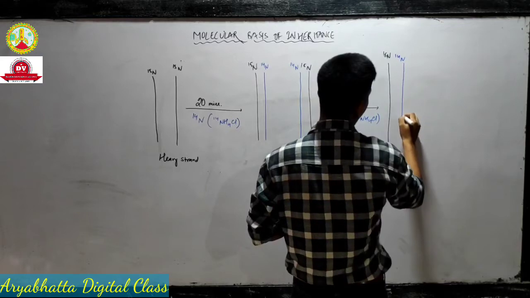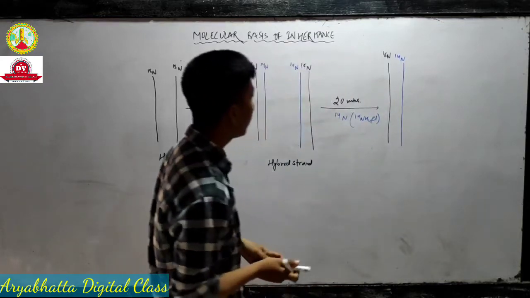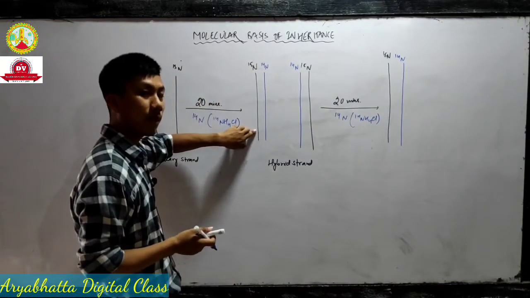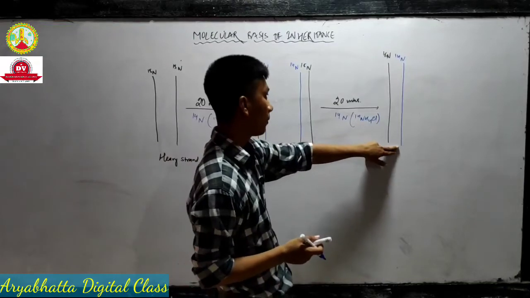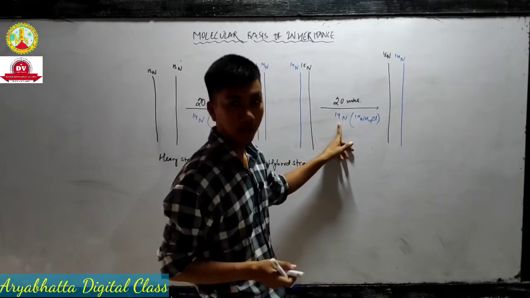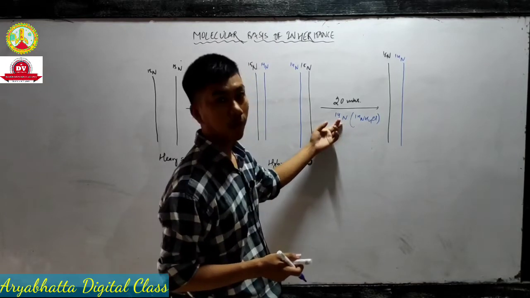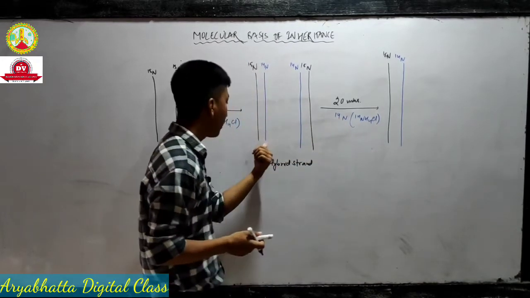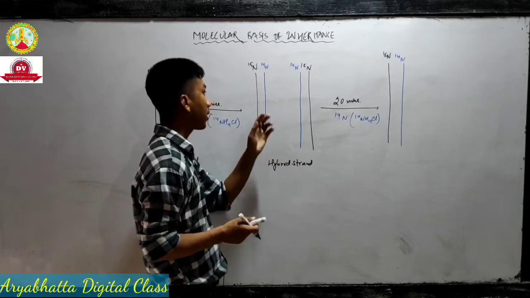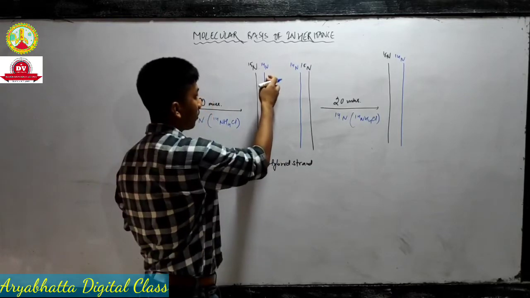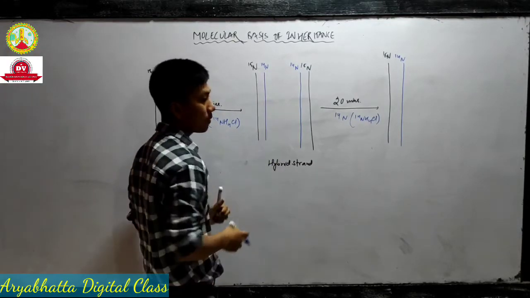You will understand, don't worry. Okay, this is this strand. It replicates into one DNA. Now this DNA will contain N14 because the scientists have applied N14 here. Okay, now here in blue in color, this strand will also synthesize one DNA.